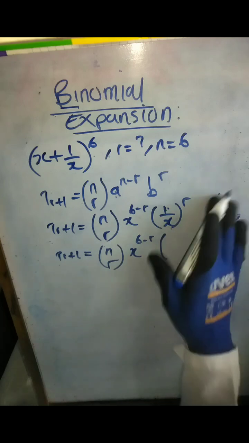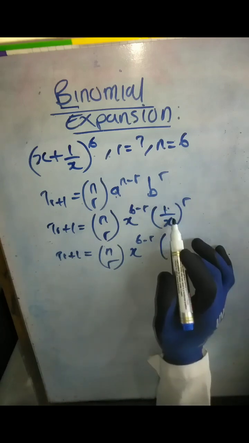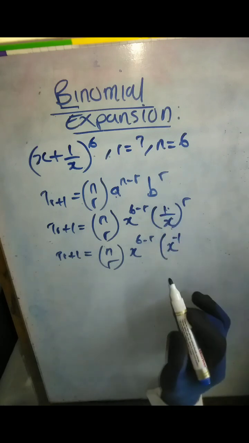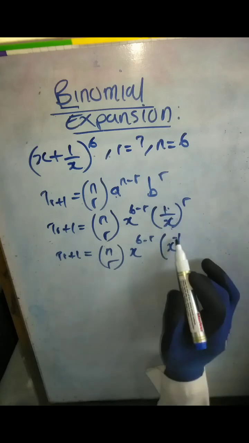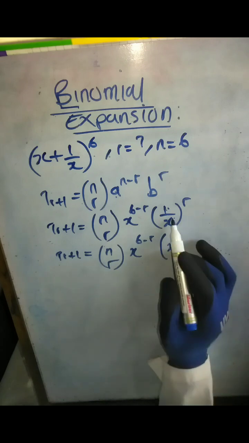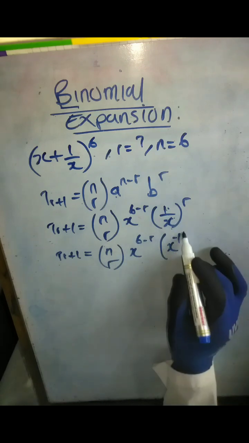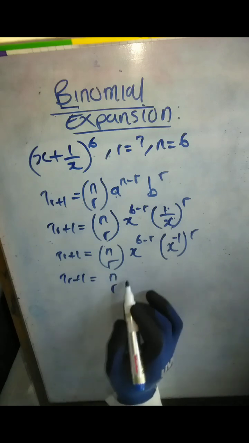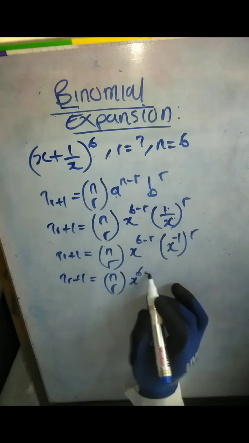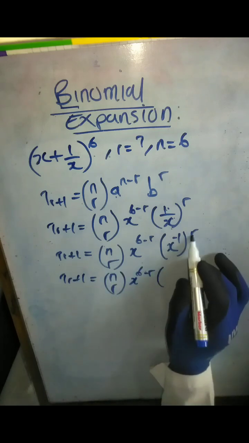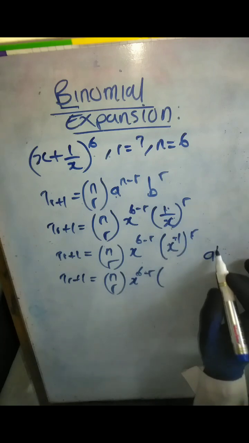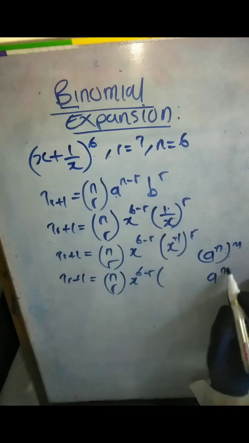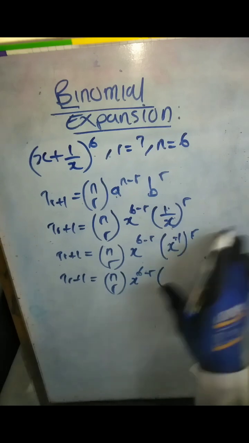Since the power of x is just 1, it becomes x to the negative 1, all to the power r. So T r plus 1 equals n combined r, then x to the 6 minus r, then we're going to have r times negative 1. Laws of indices: a to the n, all to the m, is the same as a to the m times n. So that's what we're going to use there.